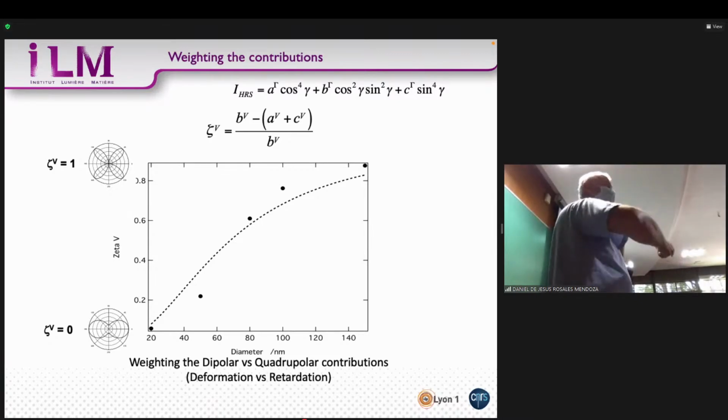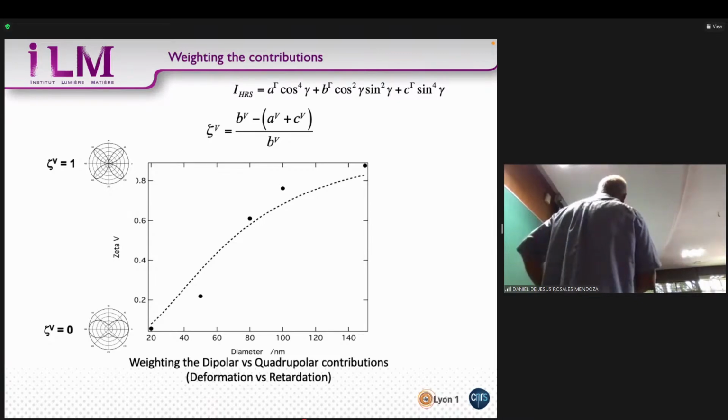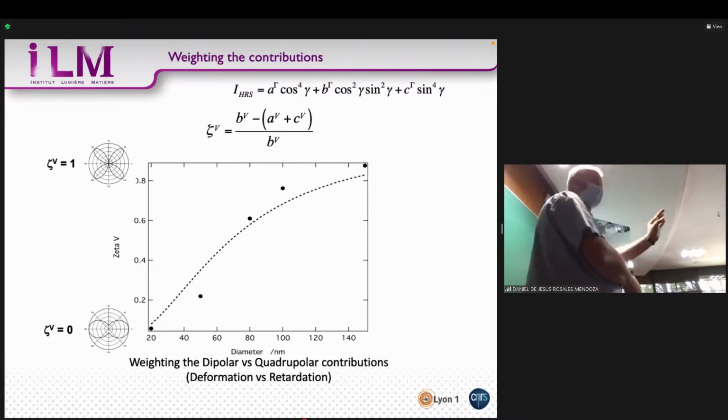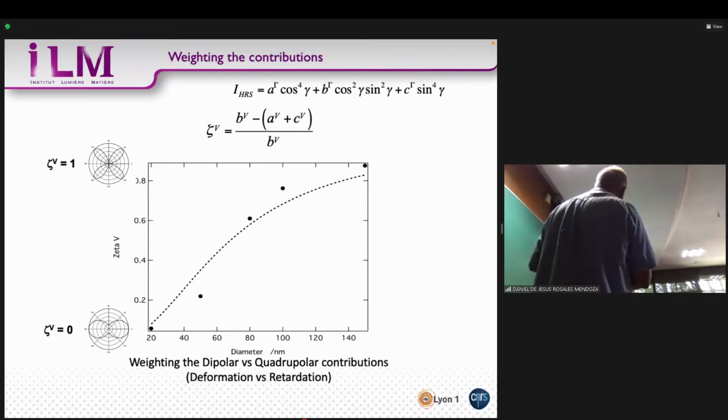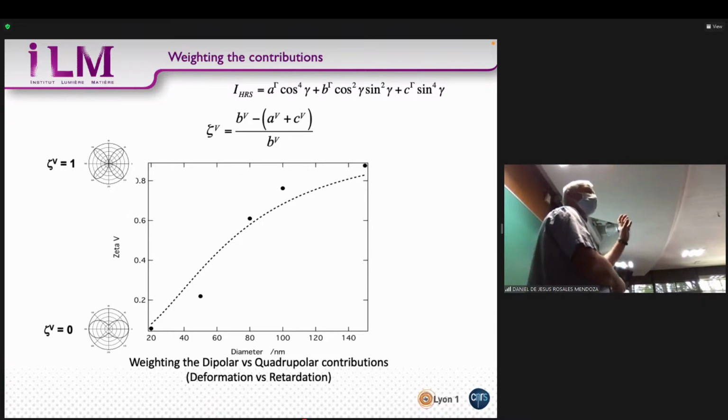And therefore, it goes to 0. So it should be 0 when it's a perfect tiny object, no retardation. If there is retardation, this equality breaks down. This is no longer 0. And actually, if it's a pure perfect sphere, it should be 1.